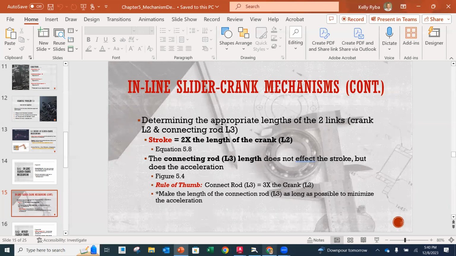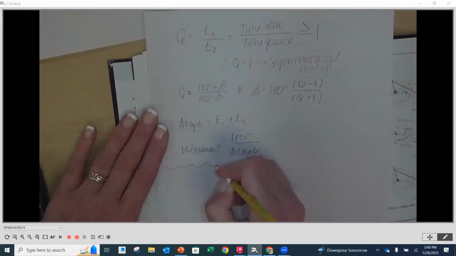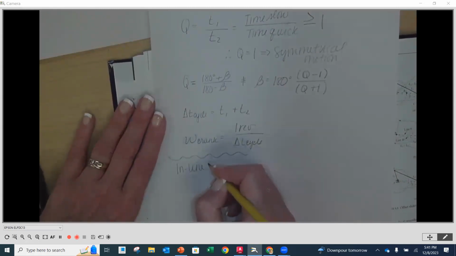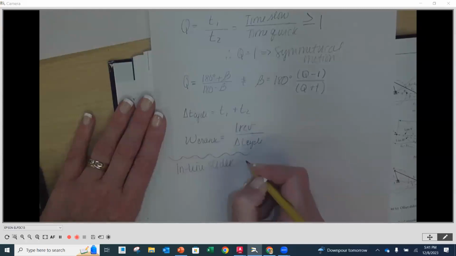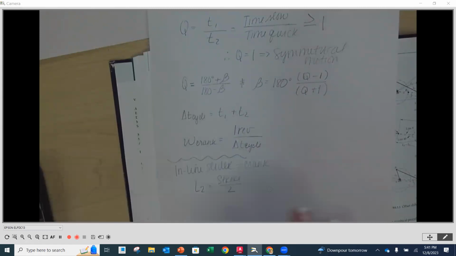That's a good one to have, because it's a rule when we design these. So for an inline slider crank, L2 is equal to our stroke divided by 2. If it's in inches or millimeters, those units would dictate.